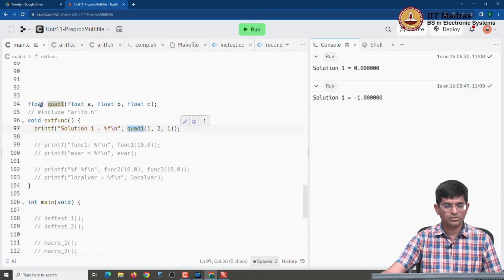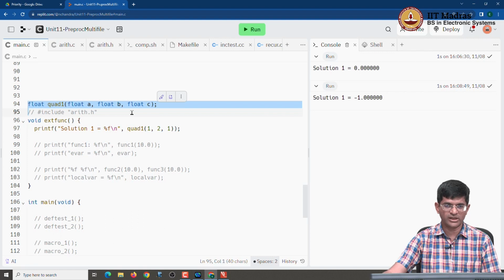So this business of declaring a prototype was sufficient for us. My quad1 was written in another file, arith.c, and my main.c was able to make use of it just by declaring this prototype. That looks like good news already.